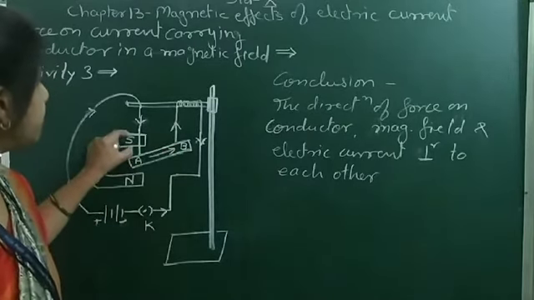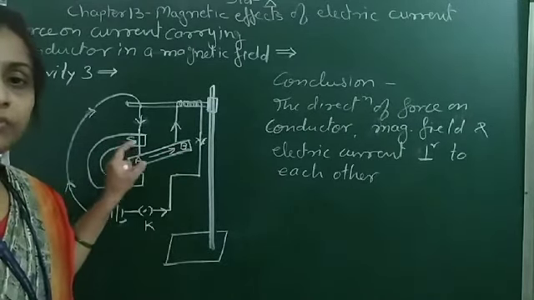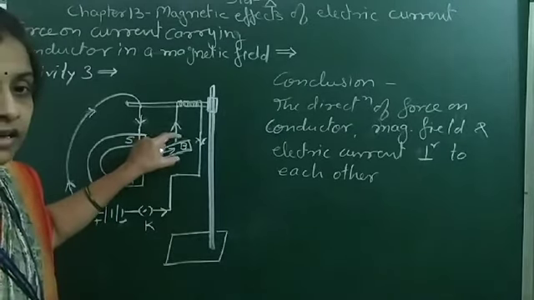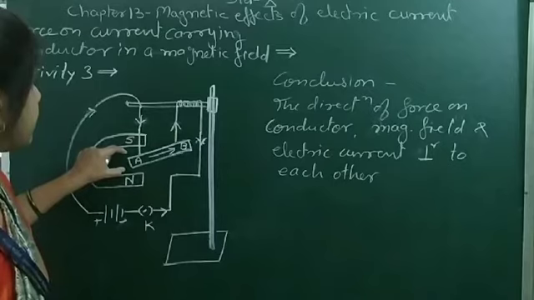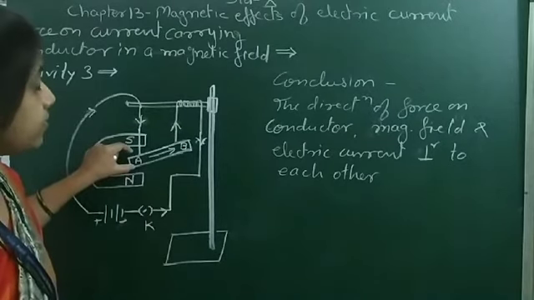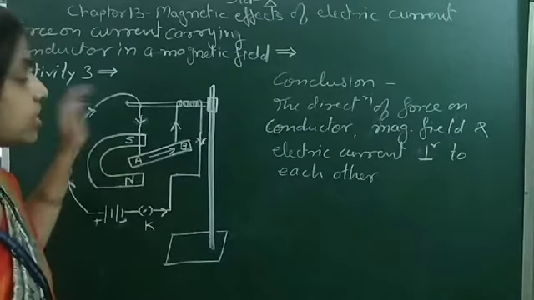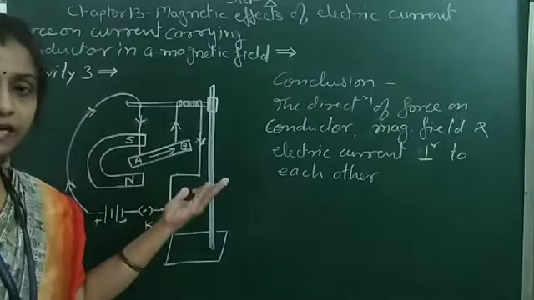So the magnetic field and the electric current are already mutually perpendicular to each other, and whenever this current carrying conductor is placed inside the magnetic field, the magnetic field exerts force on it and it moves towards the left, or if we change the direction, then it moves towards the right.